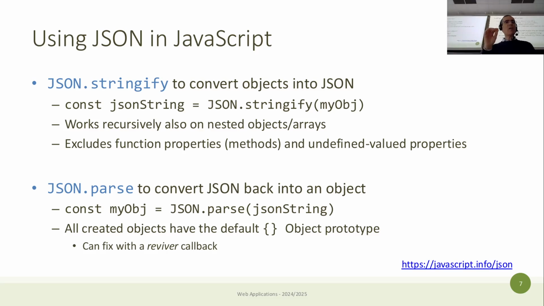There are two static methods. One is stringify, which by the way can also be useful for debugging, because you can pass any variable to stringify and it will be converted into a JSON representation. If it's an object, it will print all the content of all the properties of the object.